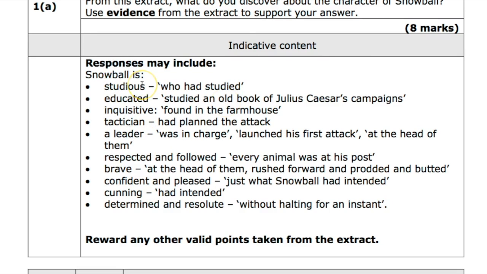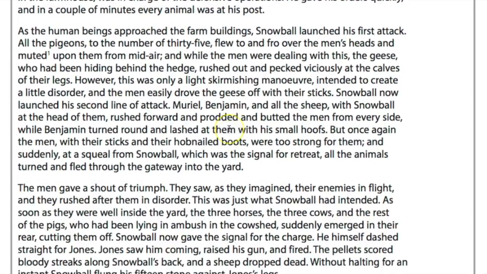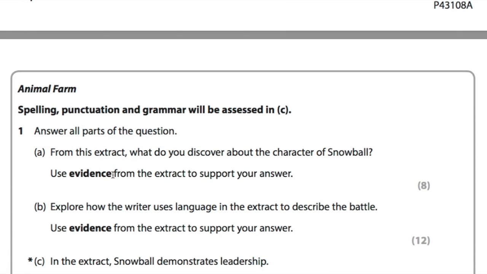And we know here from the text, for example, that Snowball is studious, who had studied. You'll see that there, right here. So let's jump back into the extract. When you find the section that says Snowball had studied the old book of Julius Caesar's, here we are, right there, you'll know that he's studious. So already we have a piece of information about the character of Snowball.